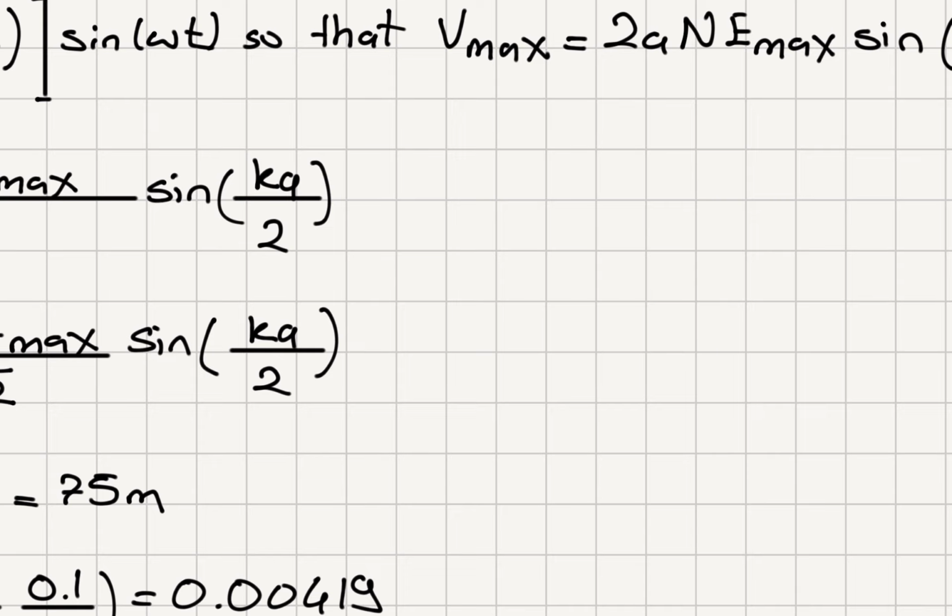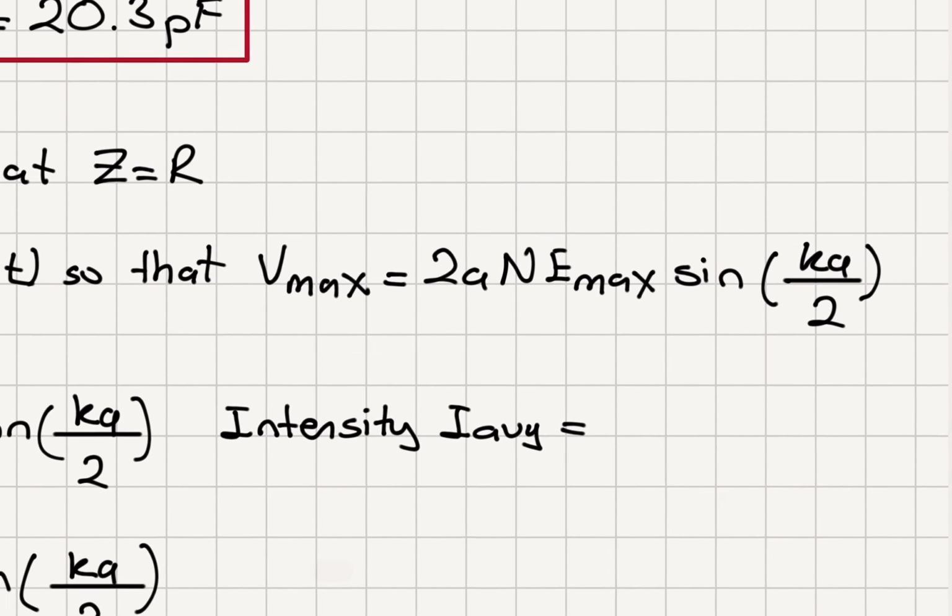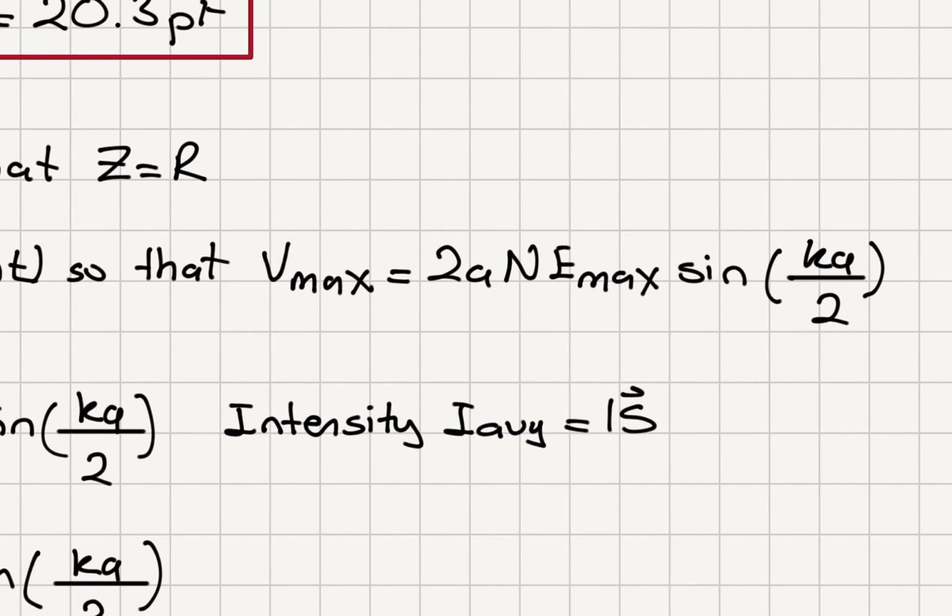Now, on the other hand, the intensity I, the average intensity, is equal to the magnitude of the Poynting vector S average, which is 1 over mu 0 times the average value of E squared divided by the speed of light.